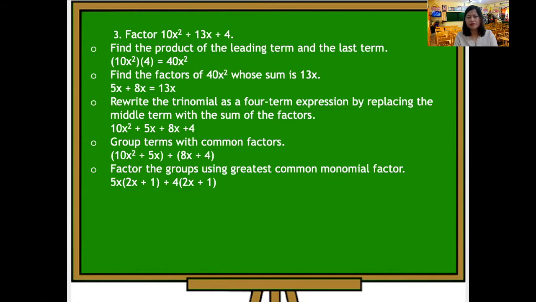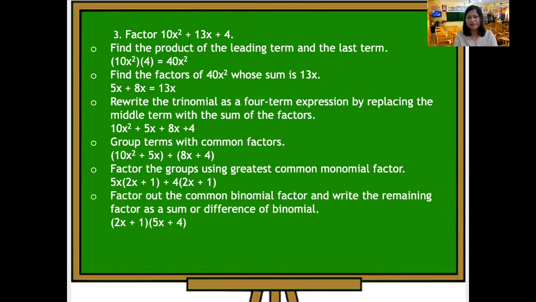Factor it out. We have 5x times the quantity 2x plus 1 divided by 2x plus 1 is 5x. 4 times the quantity 2x plus 1 divided by 2x plus 1 is 4. So the factors of 10x squared plus 13x plus 4 are 2x plus 1 and 5x plus 4.